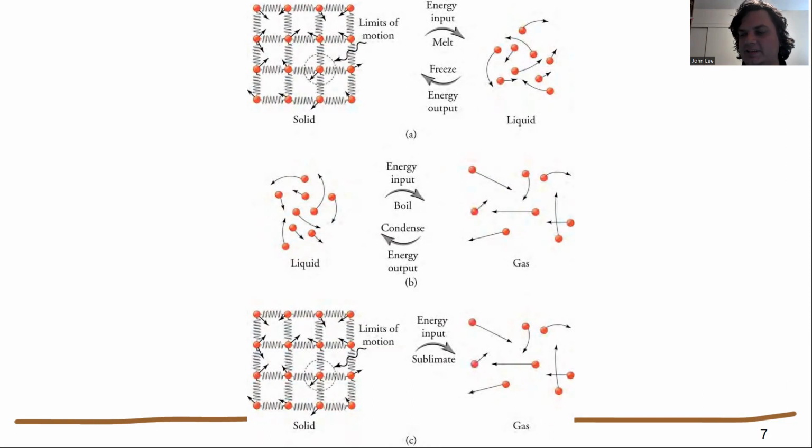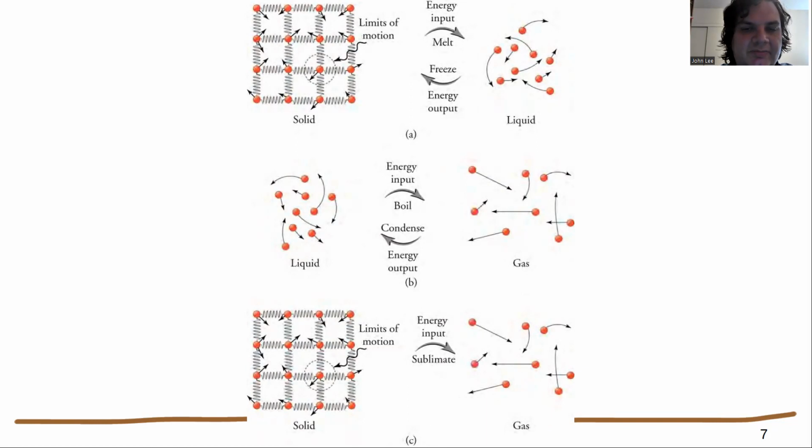So it's just forces keeping a solid from moving around that happen to be electromagnetic. So when you input energy, that's going to melt the material and cause it to become a liquid. But when you take away energy, it's going to cause the material to freeze.